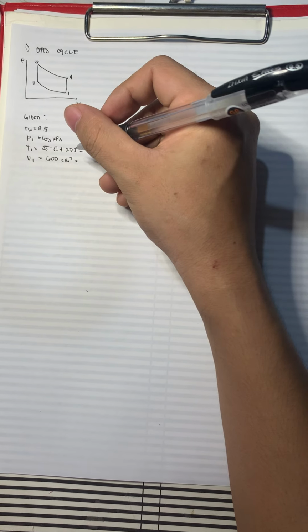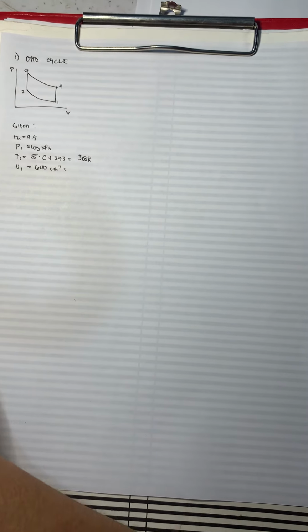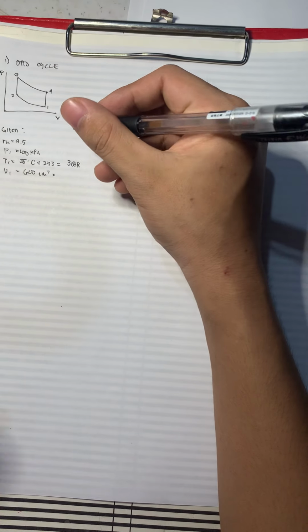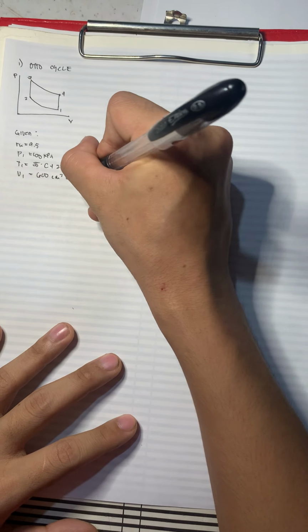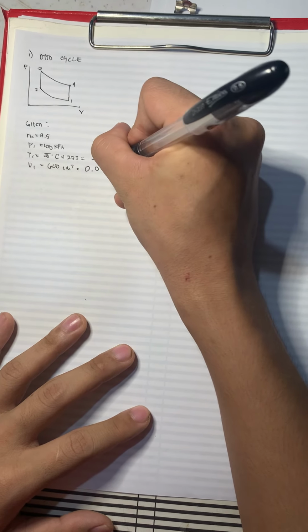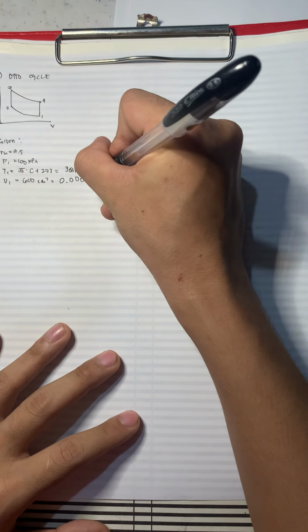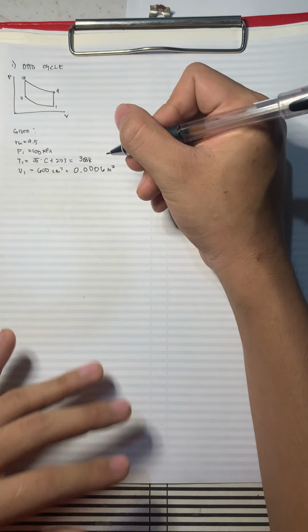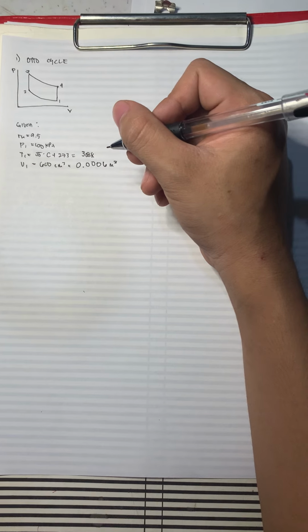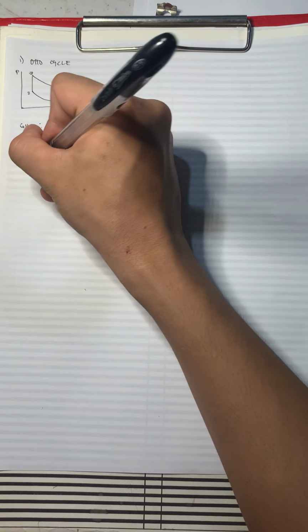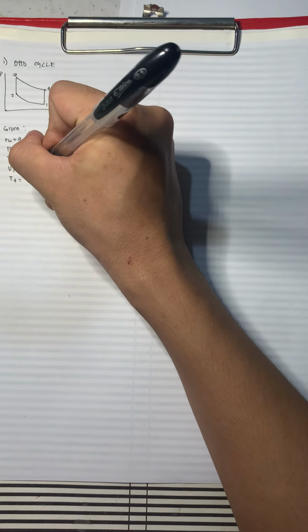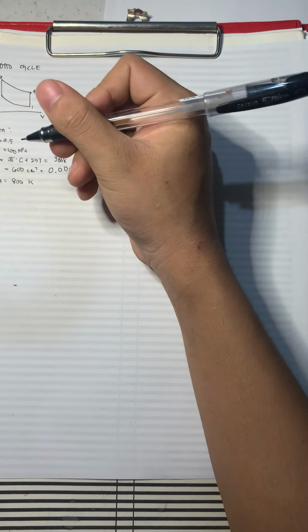Convert it into cubic meter, 0.0006 meter cube. Also, T4 is given, 800 Kelvin.